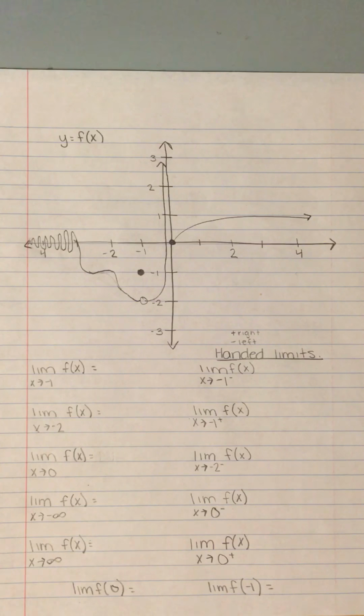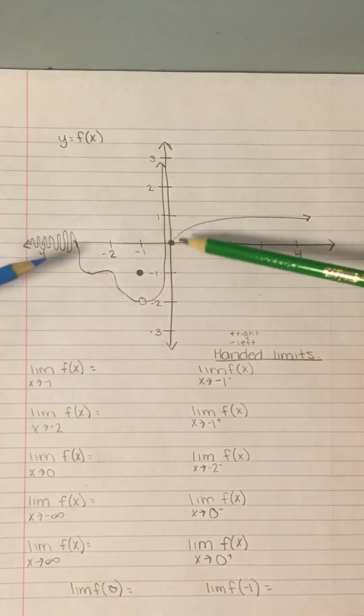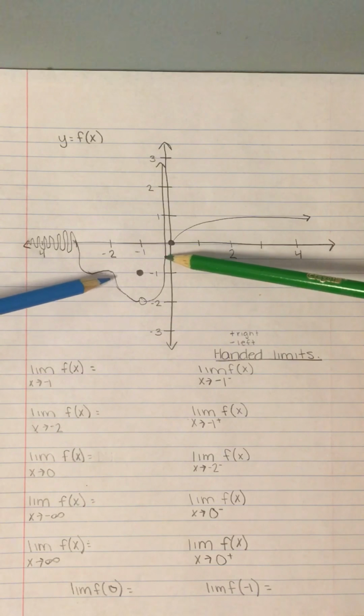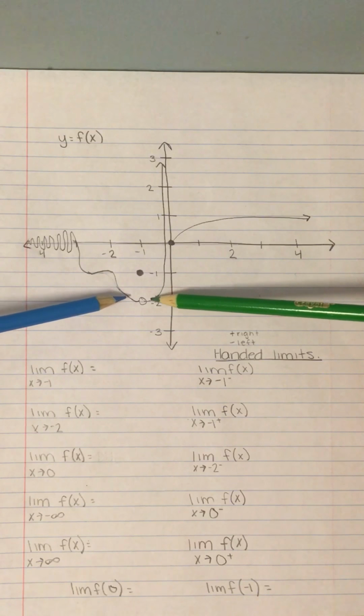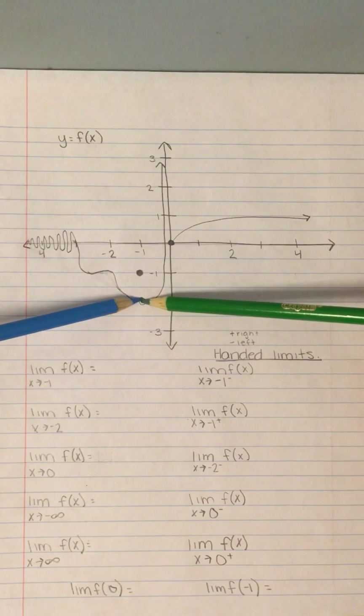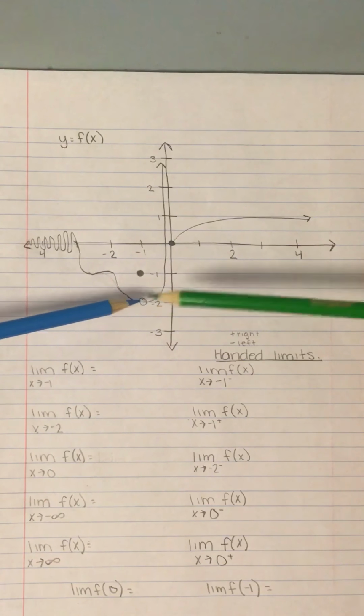All right, now let's try this function and try to find the limits at certain points. So let's start with the limit of this function as x approaches negative 1. Let's once again locate negative 1, take both of our fingers and trace all the way back, and we're getting negative 2 is where our pencils meet.